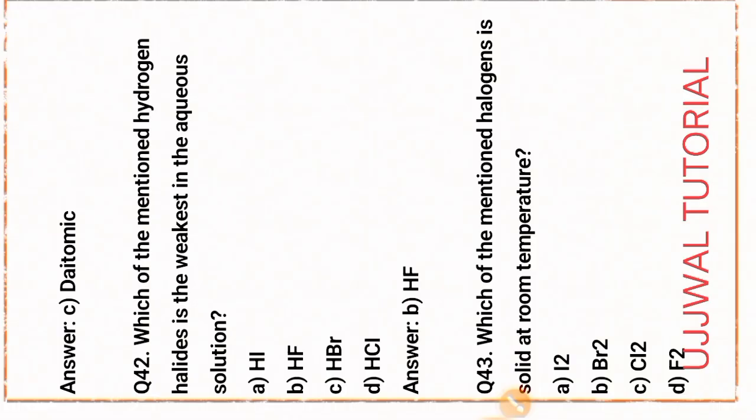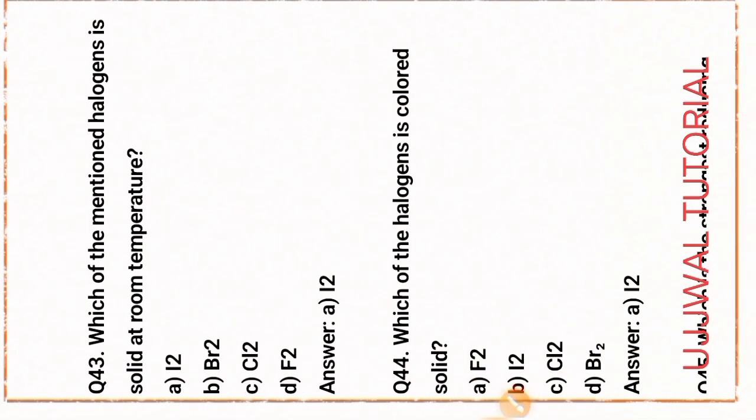Except hydrogen fluoride. Okay, option B is the right answer. Next question number 43. Which of the mentioned halogens is solid at room temperature? Iodine, I2. Option A is the right answer.